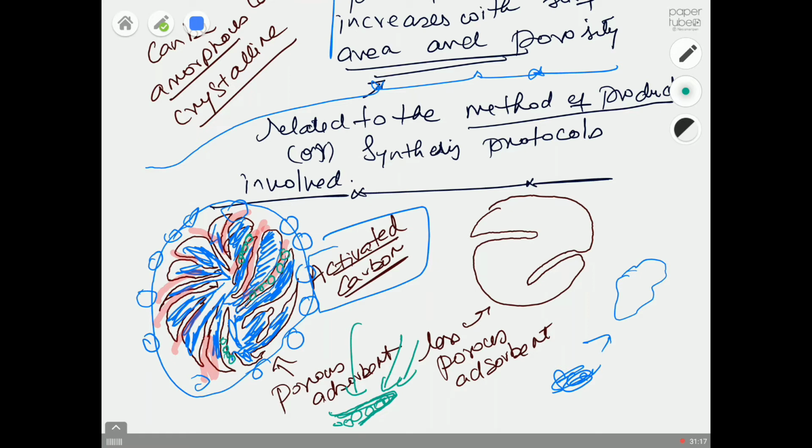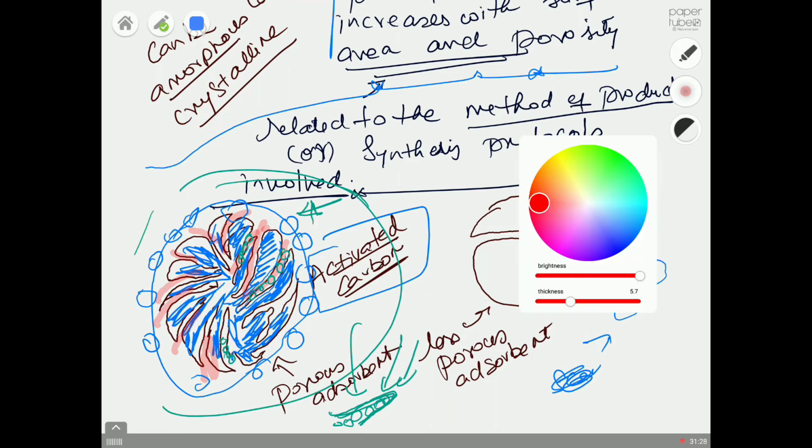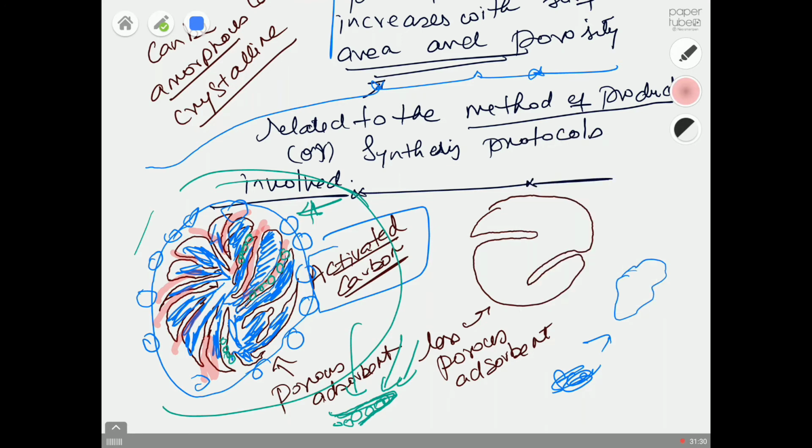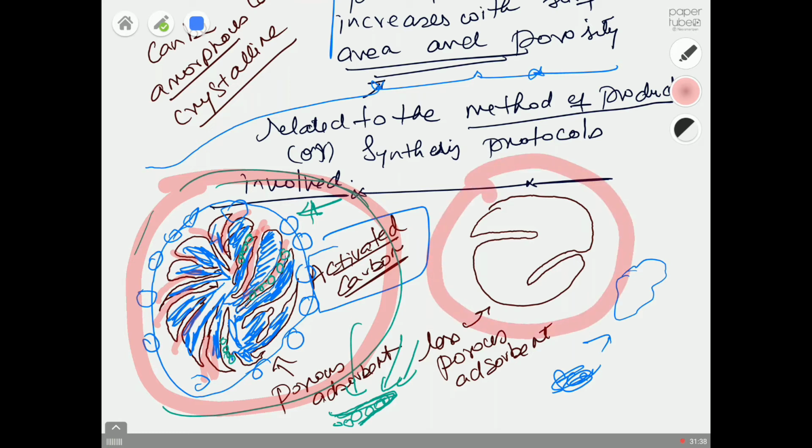Whatever I showed on the left-hand side, this part of your diagram, we can call it highly porous because it contains lots of pores, and this is an example of a less porous material. It has only small porosity, one here, another one here.